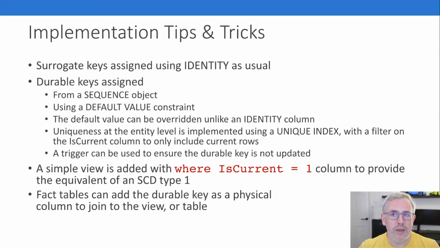Okay, so how could we implement this? Well, we keep assigning our surrogate keys like we normally do with identity values. That keeps them as nice sequential numbers that are just automatically assigned. We'd like to be able to do the same with durable keys. So if we use a sequence object introduced in SQL 2012, we can essentially have something that will assign us new values in a sequential order.